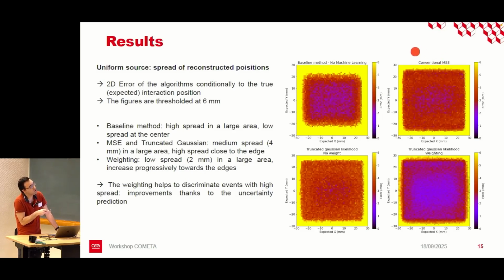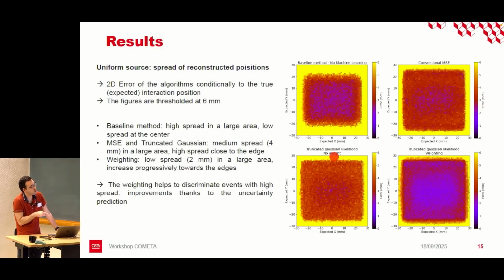The conventional MSE approach has the same features. Actually, the area where we are less precise, more than 6 millimeters, has a lower surface, but still in the middle we are between 3 and 4 millimeters of precision.